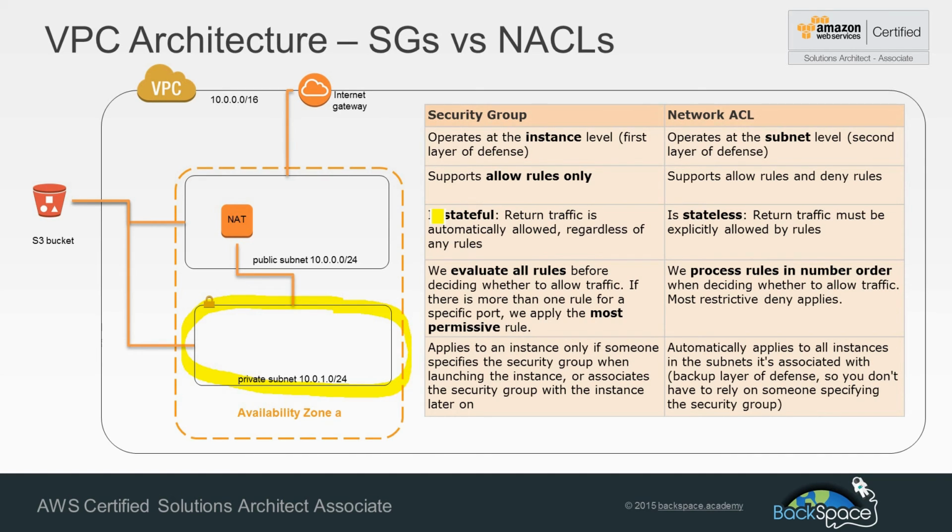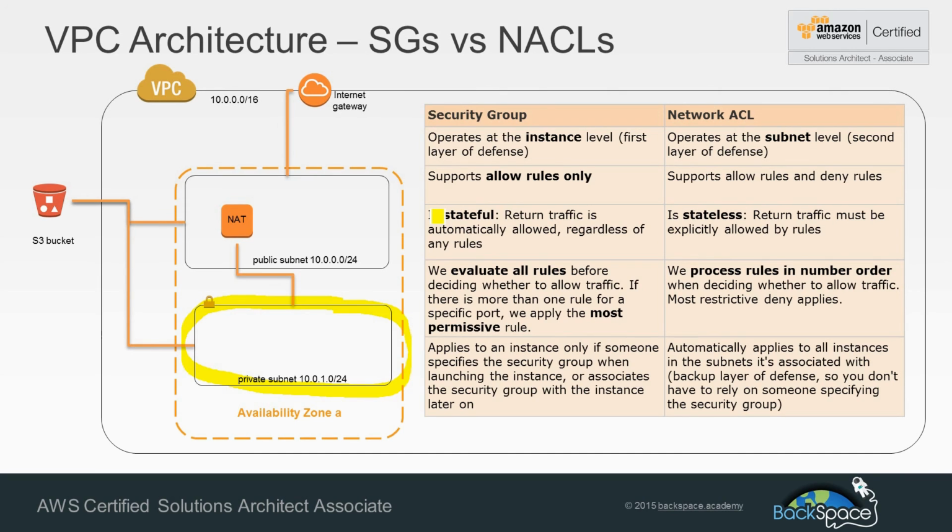In a security group, we evaluate all rules before deciding whether to allow that traffic. If there is more than one rule for a specific port, we apply the most permissive rule, not the most restrictive rule. So if you have a CIDR block that is more broad, the more broad and more permissive rule will prevail.